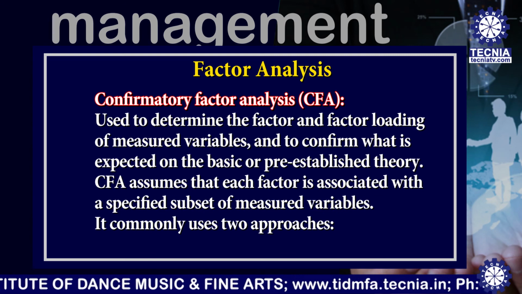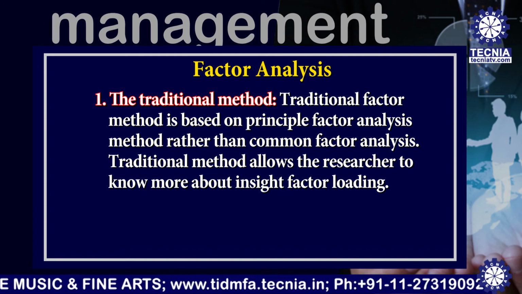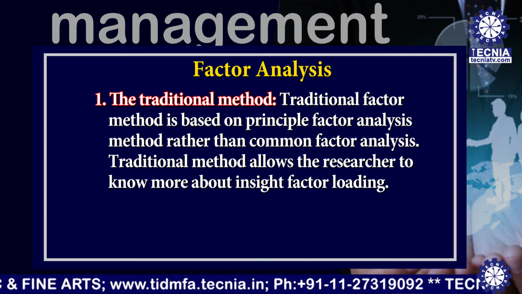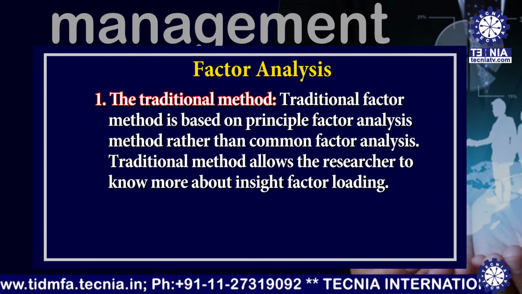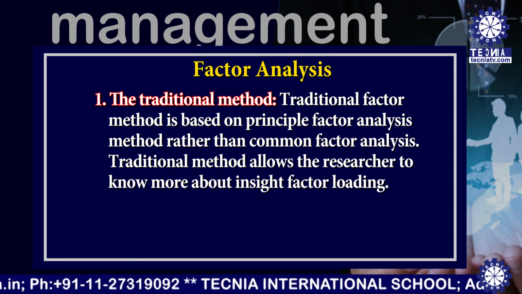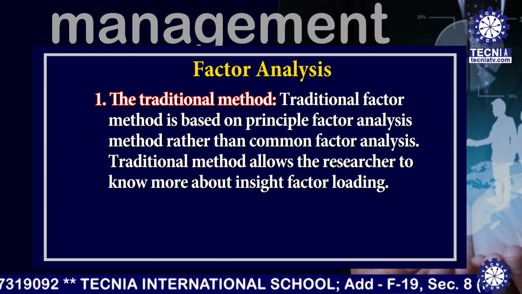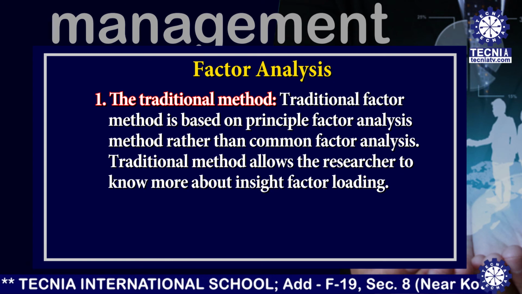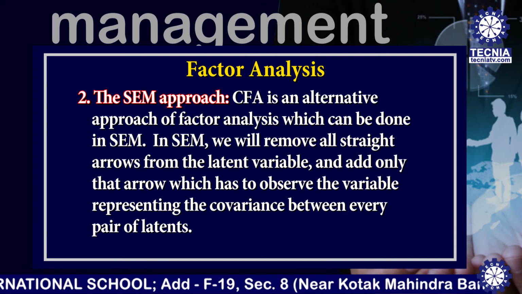It commonly uses two approaches. First one, which is the traditional method, which says the traditional factor method is based on the principal factor analysis method rather than common factor analysis. It allows the researcher to know more about the factor loadings. Second one is the AMOS approach.